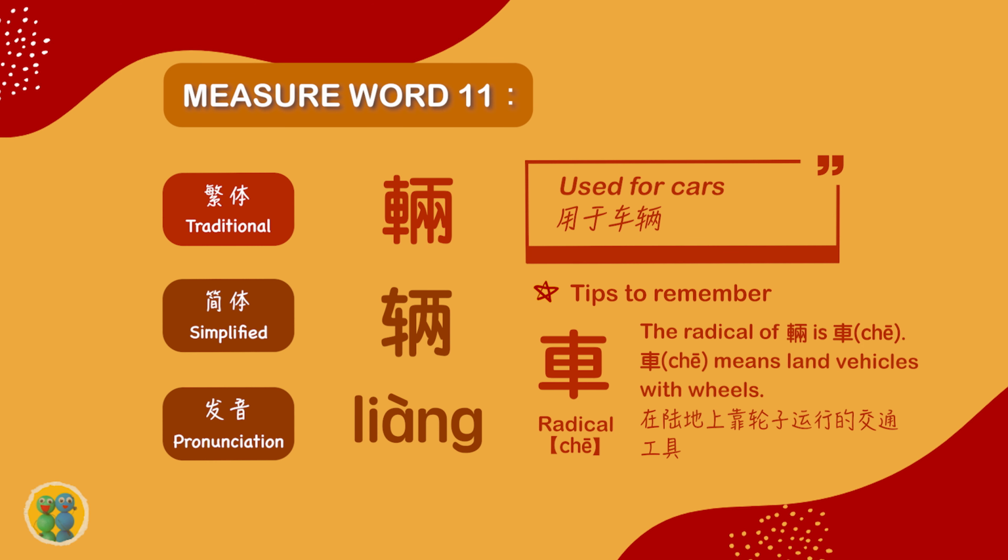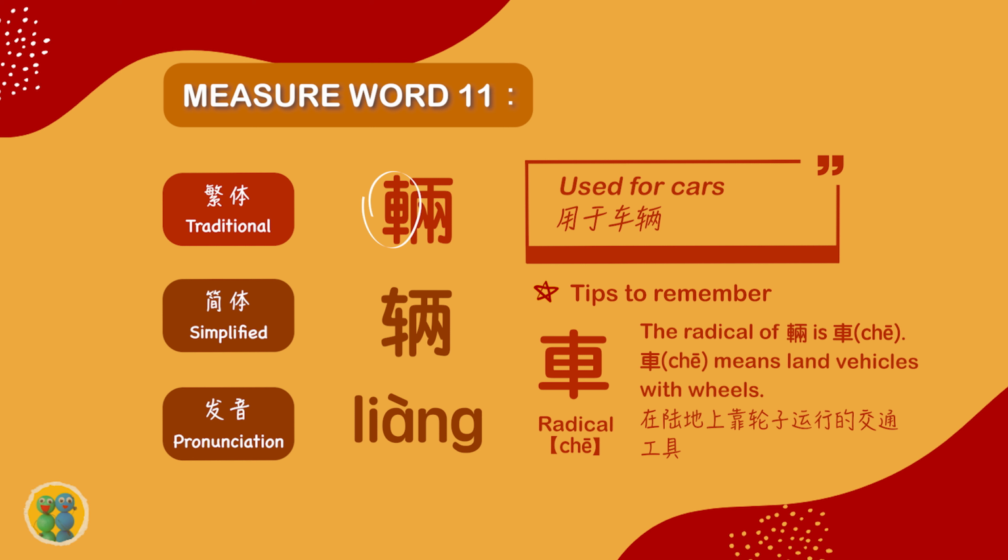The 11th measure word is 辆. 辆 is used for cars. You can see the left-hand side of this character. There is a radical. It is pronounced 车, and this radical literally means land vehicles with wheels. And it is also a very common radical among Chinese characters.